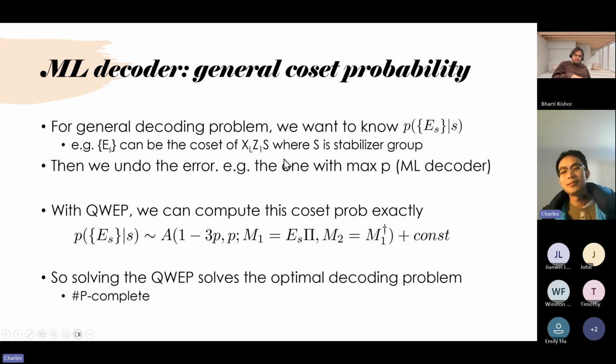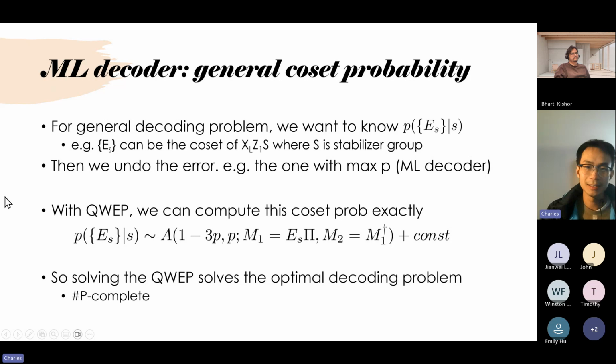If you have measured a syndrome that's consistent with this error, what's the probability of that? And if we know this for different cosets, then we can simply undo the error that has the maximum probability in the decoding process. And this is nothing but the maximum likelihood decoder.